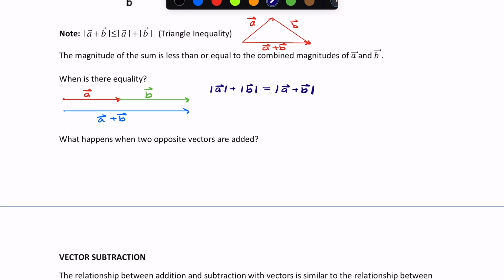And then here we're looking at what happens if opposite vectors are added.